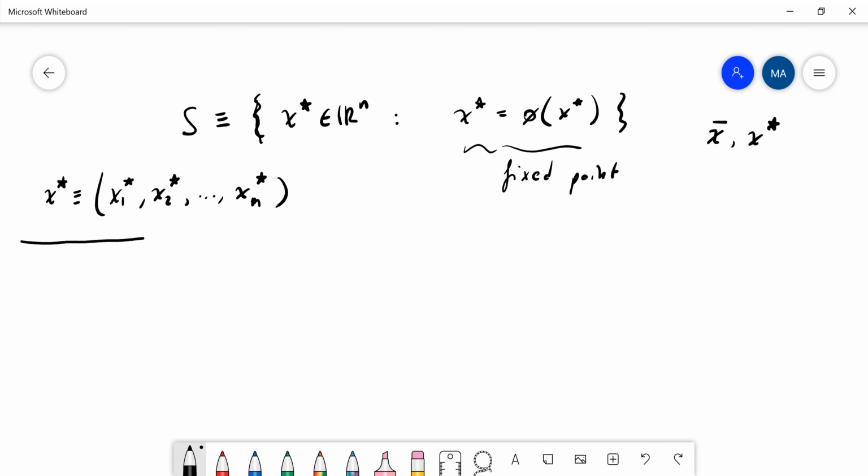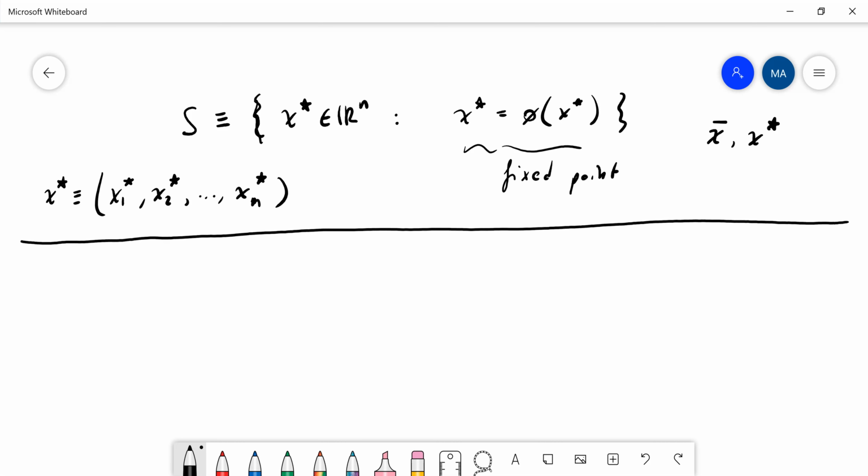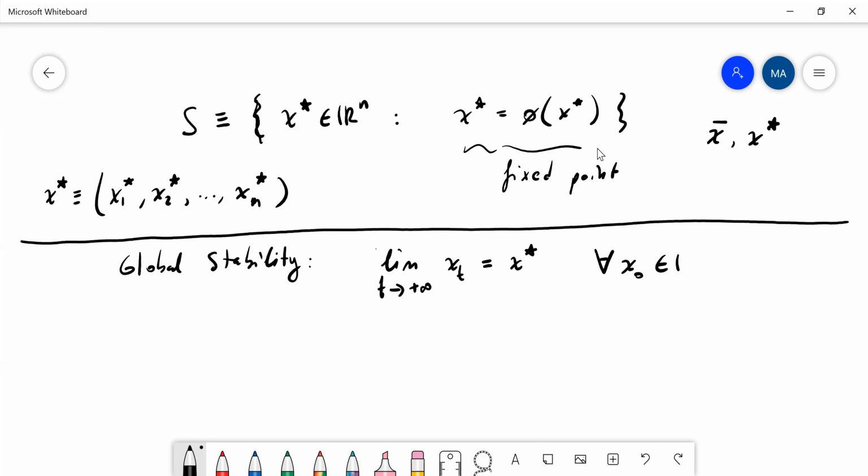Okay. Now, the definition of global stability is this. The limit as t goes to positive infinity of X(t) is X star, for any X(0) in R^n.